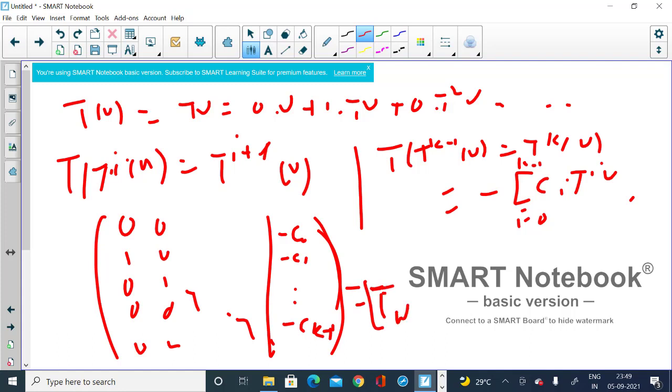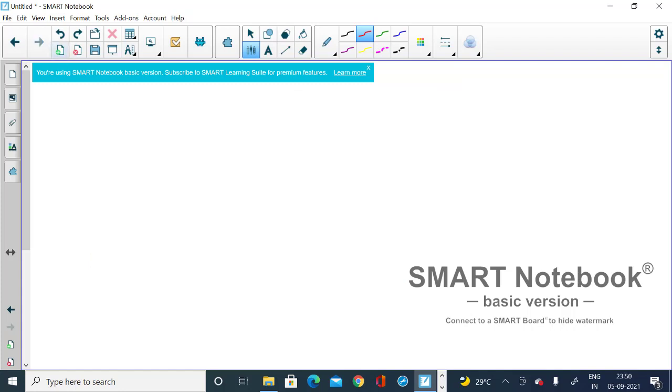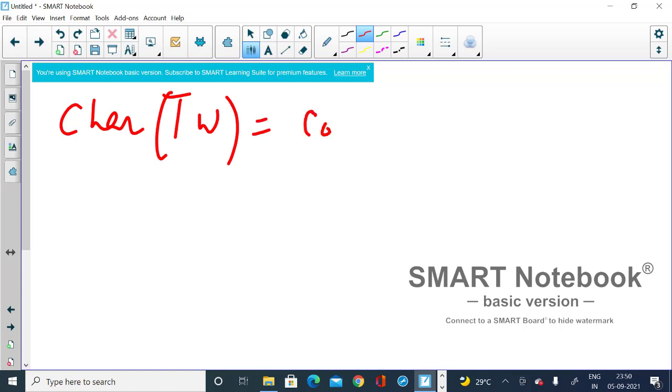But then what is the characteristic polynomial? This is a kind of matrix called a companion matrix, and the characteristic polynomial of T_W will be exactly c0 plus c1 x and so on, plus c(k-1) x^(k-1), and the last one is x^k.